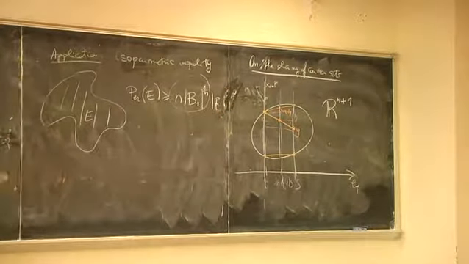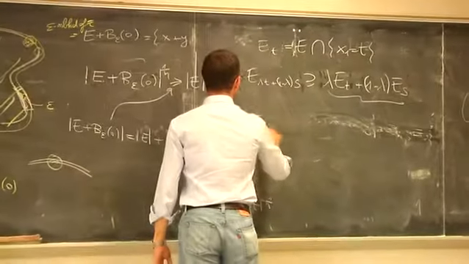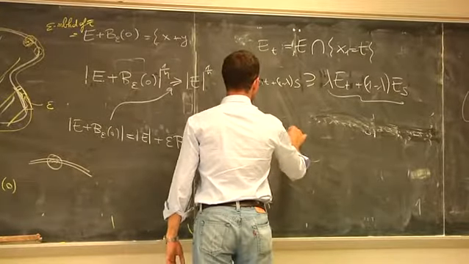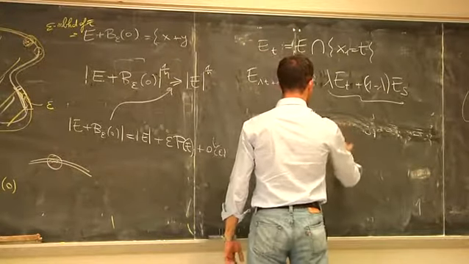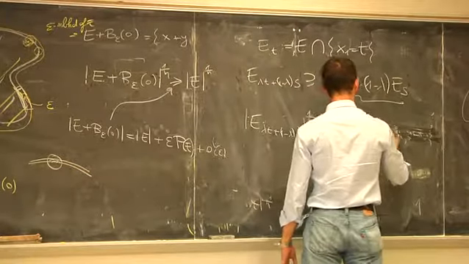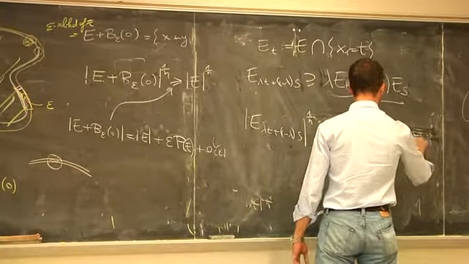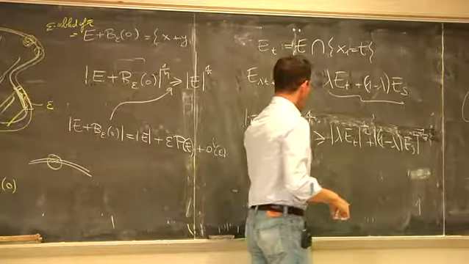And so what I get here is that the volume of E_{lambda t plus (1 minus lambda) s} to the 1 over n is greater or equal than the volume of lambda Et to the 1 over n plus the volume of (1 minus lambda) Es to the 1 over n. But these are n-dimensional sets.